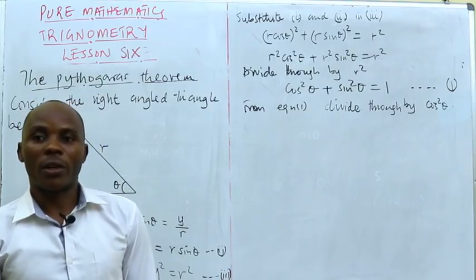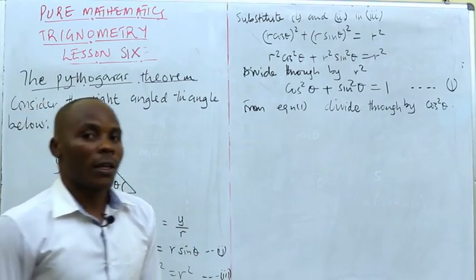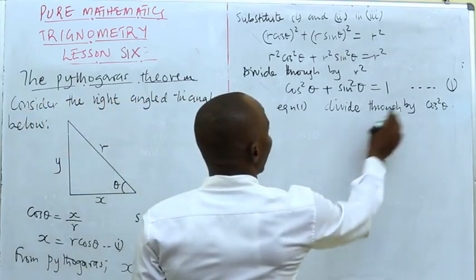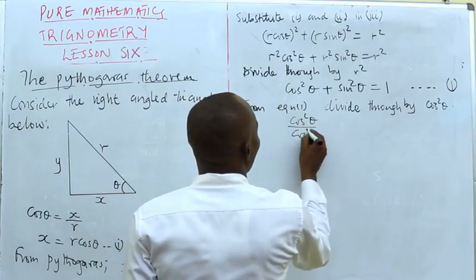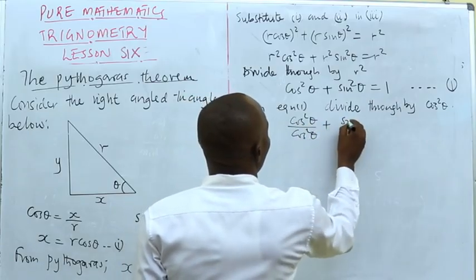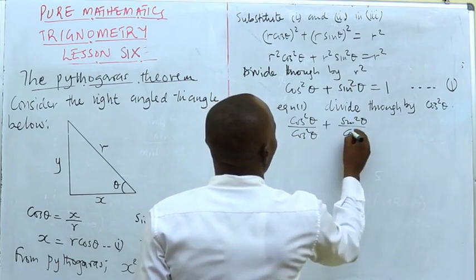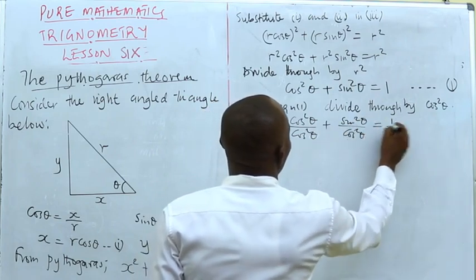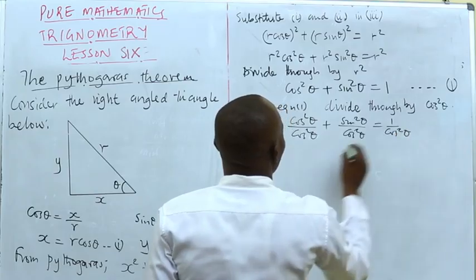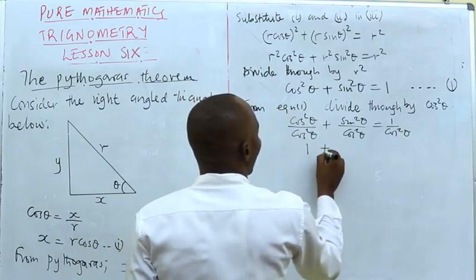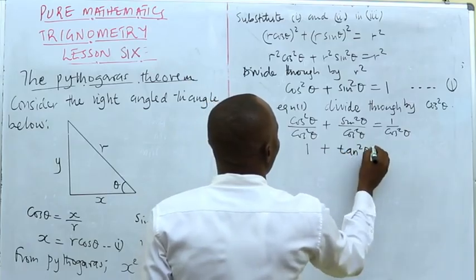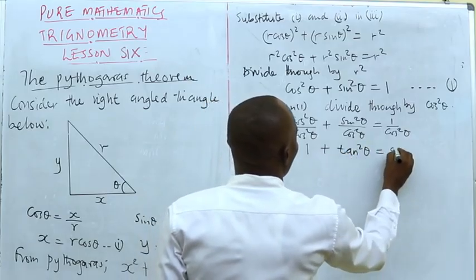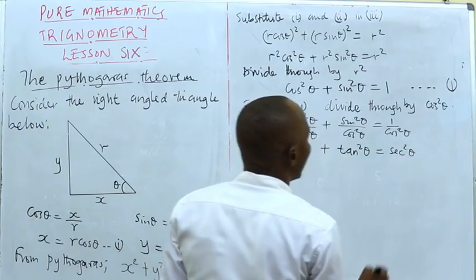You have cos squared theta over cos squared theta plus sine squared theta over cos squared theta is equal to 1 over cos squared theta. So this one becomes 1 plus this one becomes tan squared theta is equal to sec squared theta.